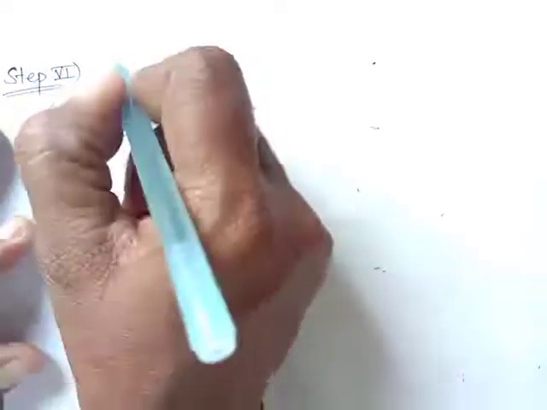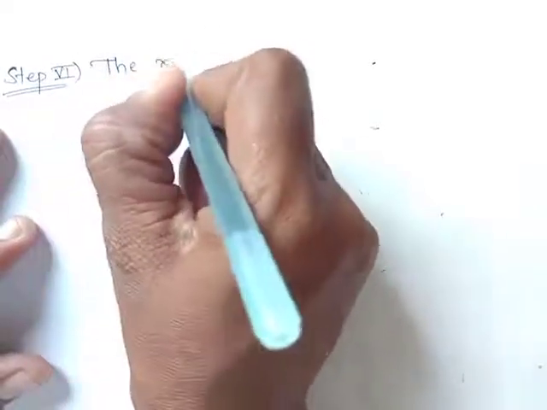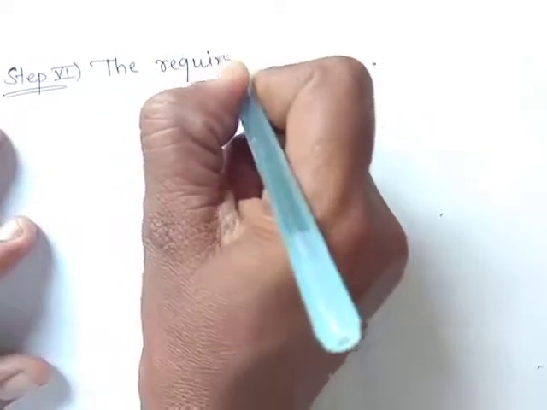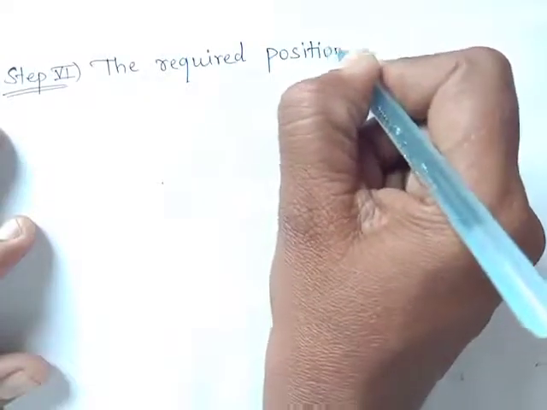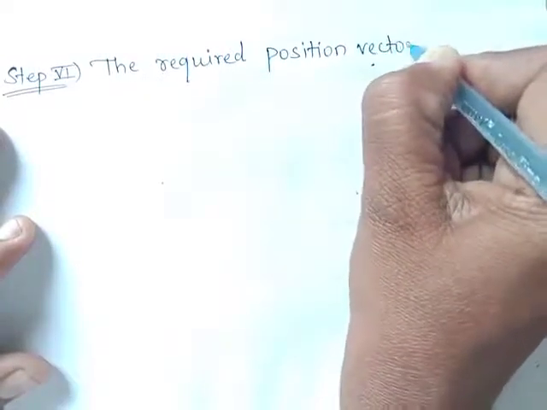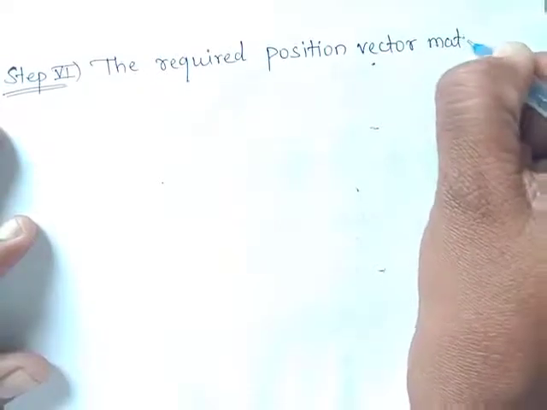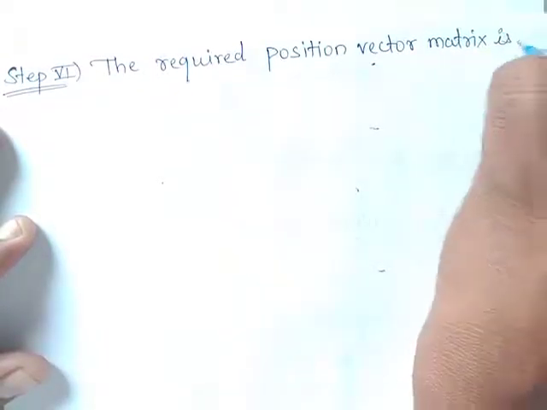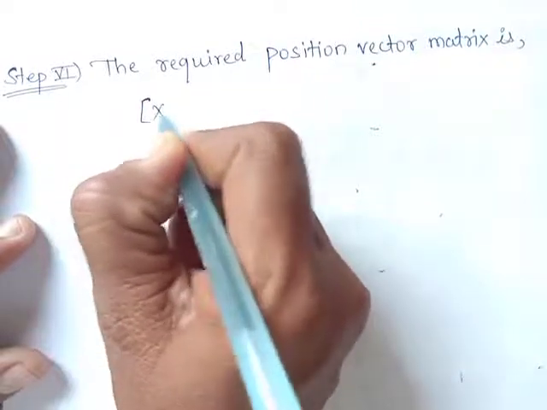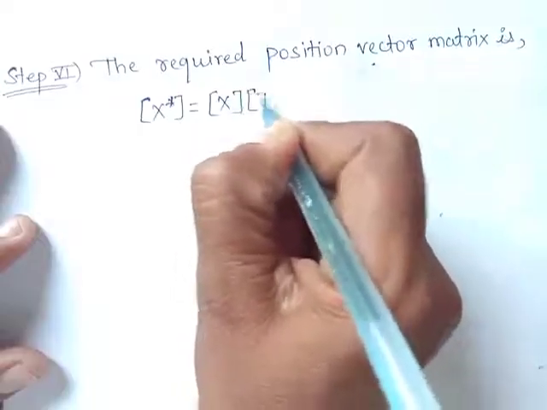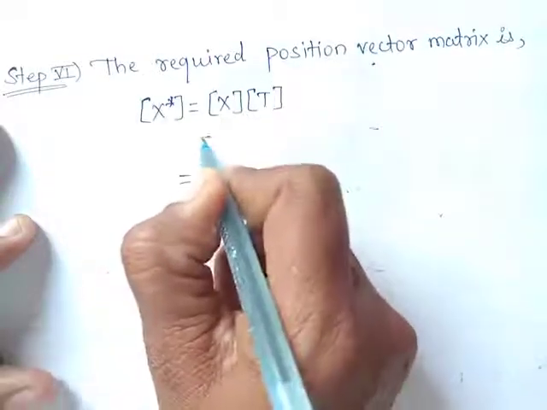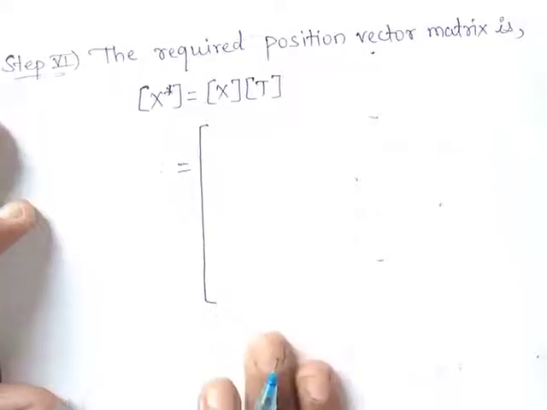Therefore, step 6. The required position vector matrix is X star, which is X into T. X we have found, T also we have found.